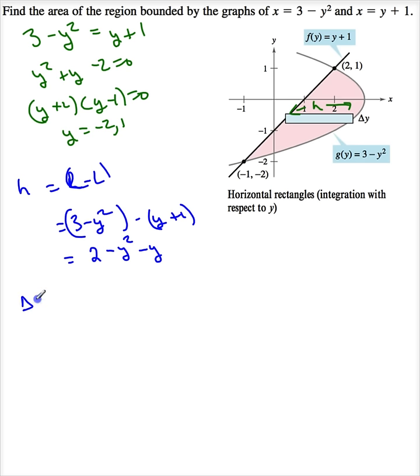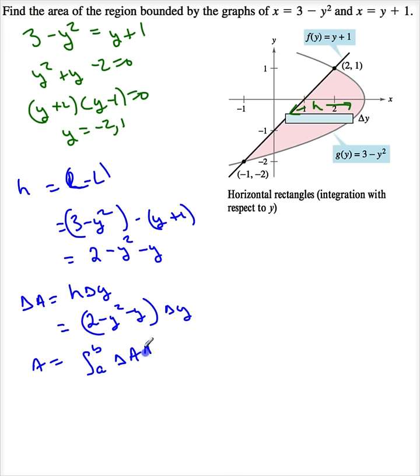So my differential area is the height times delta y, and the height is 2 minus y squared minus y times delta y. And so the area is going to be the integral from a to b of dA dy.